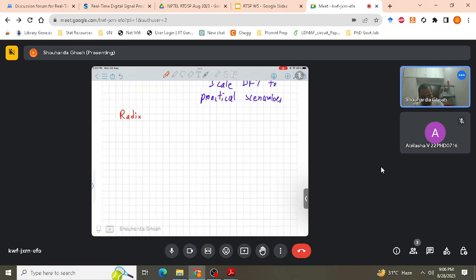Radix 2 FFT. And among radix 2 FFT, what is FFT? FFT is fast Fourier transform. But be careful, it's a misnomer. This is not a transform. You might have heard of discrete time Fourier transform, continuous time Fourier transform, Laplace transform, Z transform.